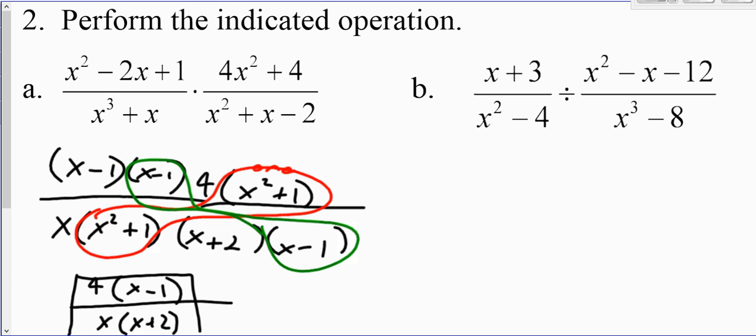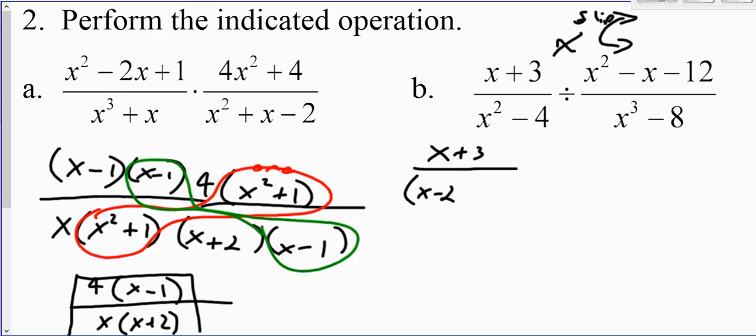Okay, with division it's very similar, but we're going to remember our rule that dividing by something is the same thing as multiplying by its reciprocal. So we need to flip the second fraction. So I'm going to do this as x plus 3. Now the denominator can be factored as a difference of squares, so it's x minus 2 and x plus 2.